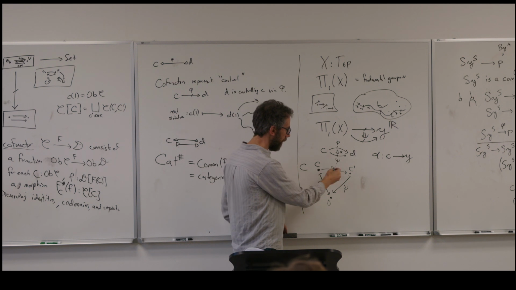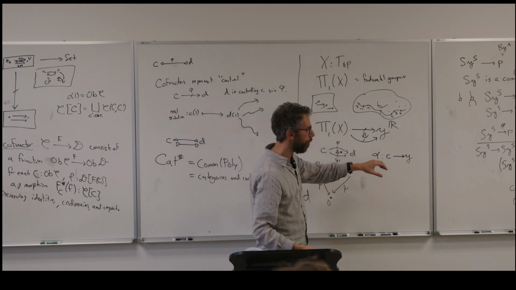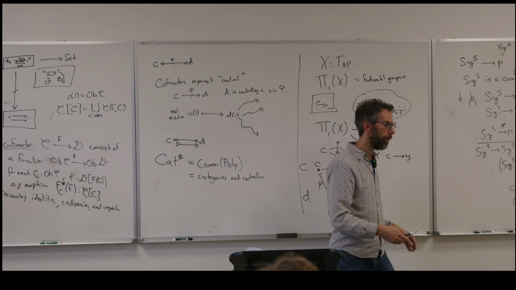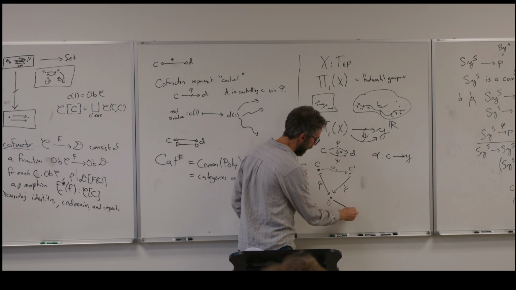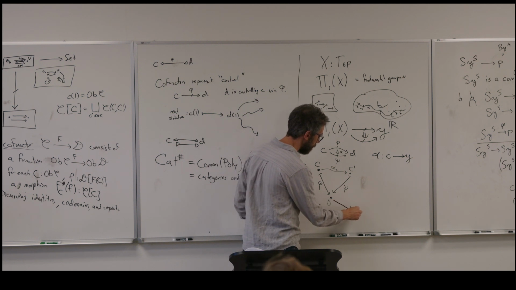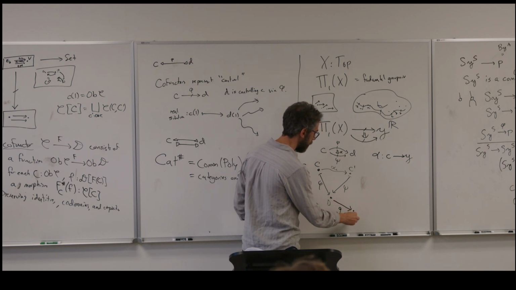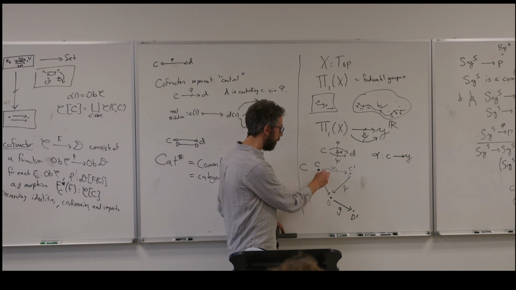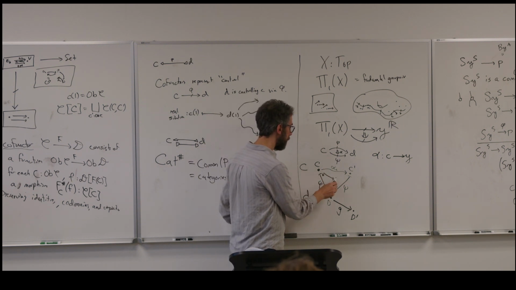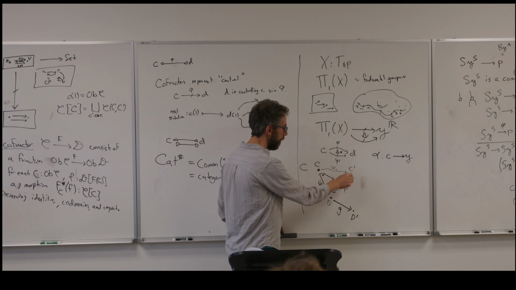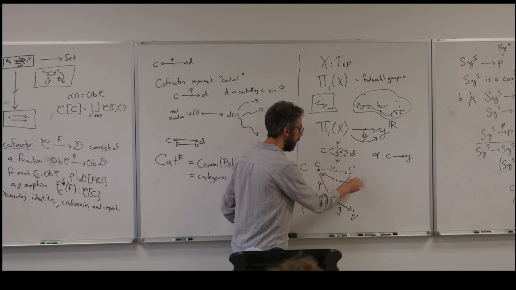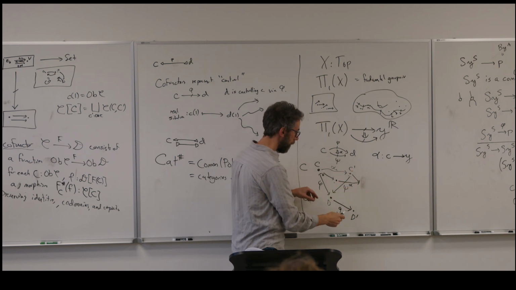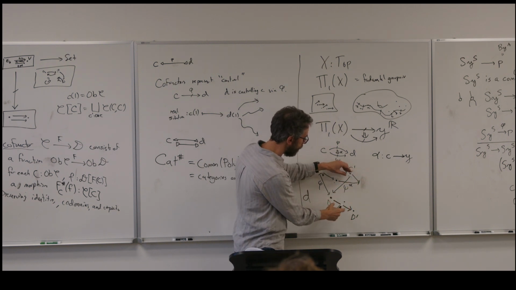But it's not just that, the way it appears to D, like whether this button is depressed or not, is showing up, but also for any map out of that, if you chose a map out to some other object, in other words, you chose a control move, then the way this would be updated when you lift it, if you then applied your alpha, would be the same thing as if you did your alpha first and then lifted.